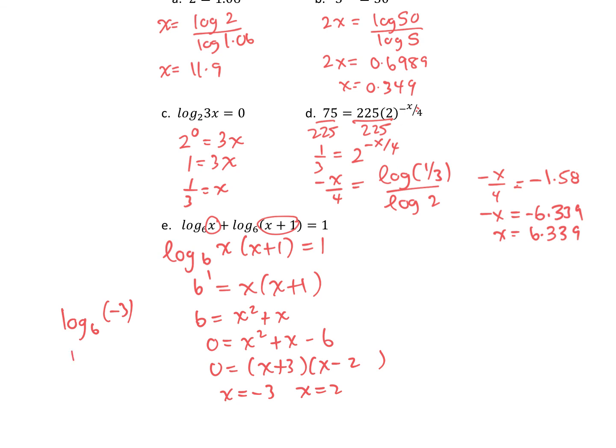So this one is invalid. So we call that an extraneous root. So any answer that does not give me a valid answer, I would eliminate. And so x equals 2 would be the only solution.